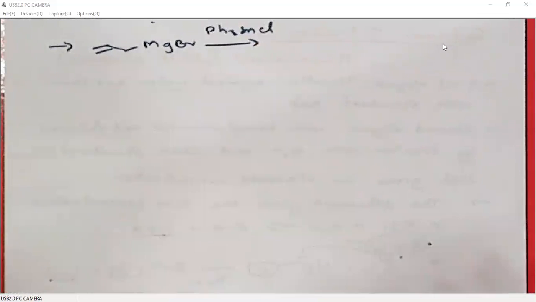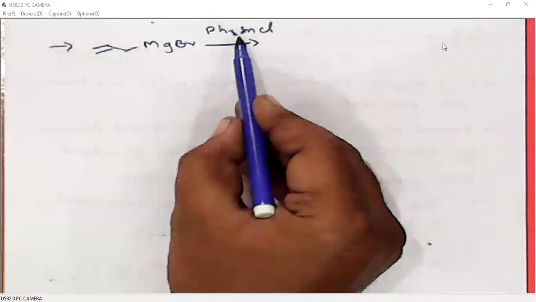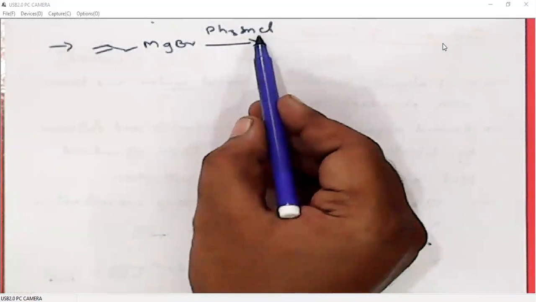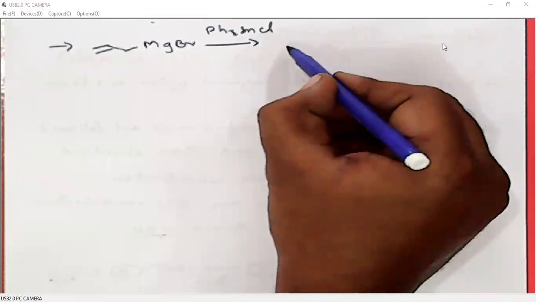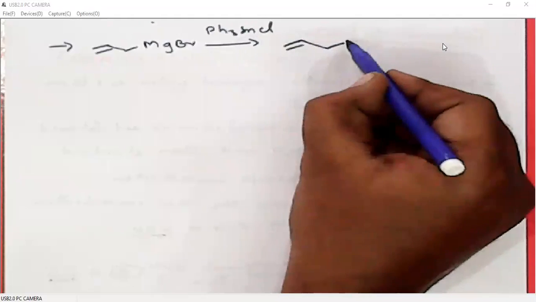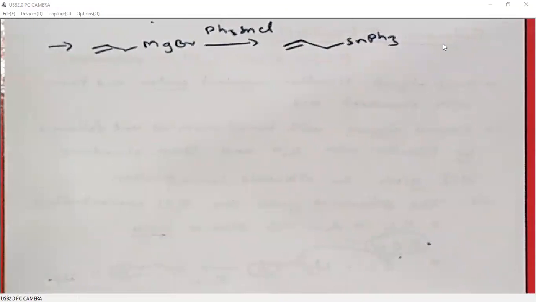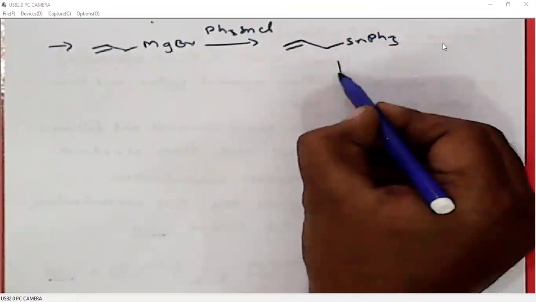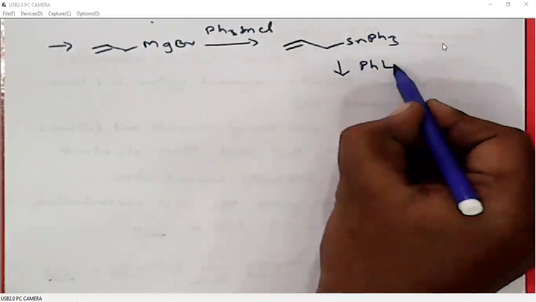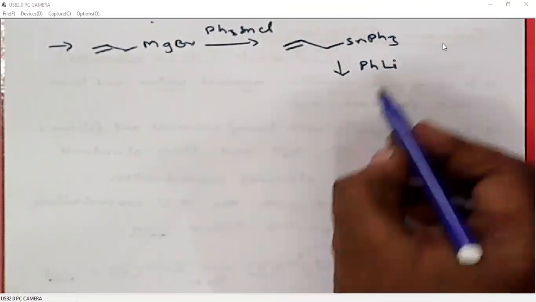In a similar fashion, Grignard reagent here attacks on tin because chlorine is a good leaving group. So what we are getting here is this carbon metal bond formation. Then this can be further explored with alkyl lithium reagents. What is the product here?